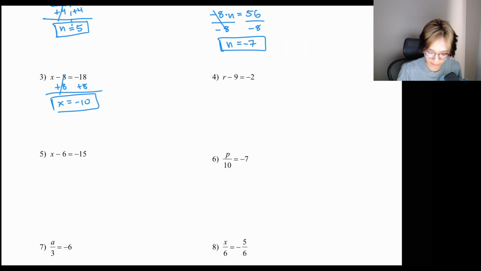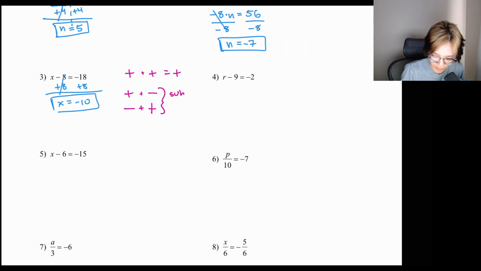Just as tricks, if you can't remember: if you have a positive plus a positive, you just add them like normal, and that's a positive number. If you have a positive plus a negative or a negative plus a positive, what you do is you subtract the numbers normally, and the bigger number takes the sign.